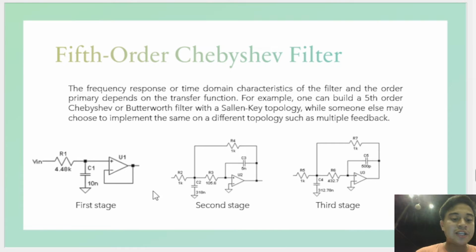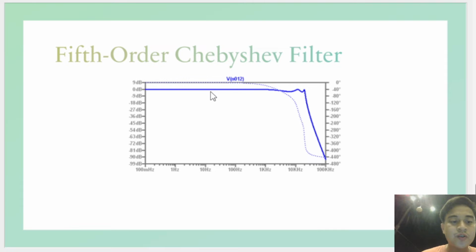So this is the first stage of the diagram, and this is the second stage of the diagram, and this is the third stage of the diagram. So this is the fifth order Chebyshev filter.